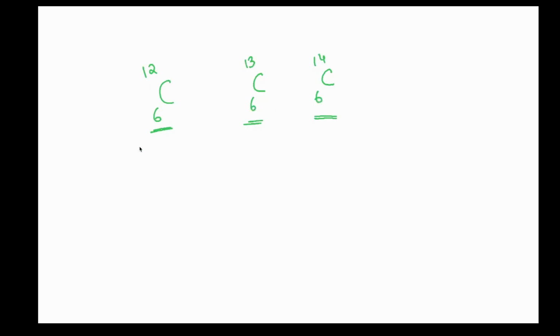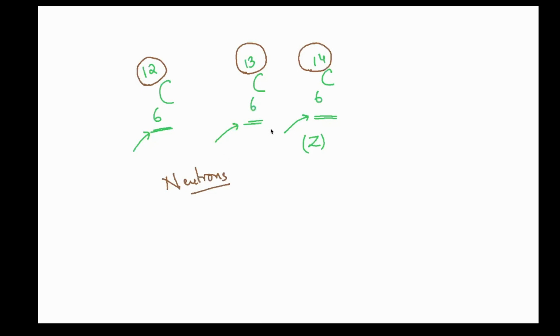If you look here, the atomic number which is designated by Z is common for all the different forms of carbon. The first one has a mass number of 12, which is the example that we have studied earlier. It can also have mass numbers of 13 and 14. So the total number of neutrons is different between these 3 forms of carbon.